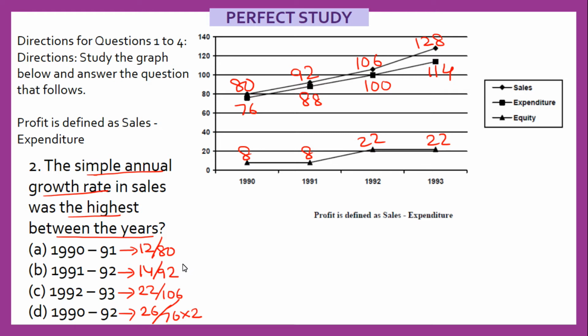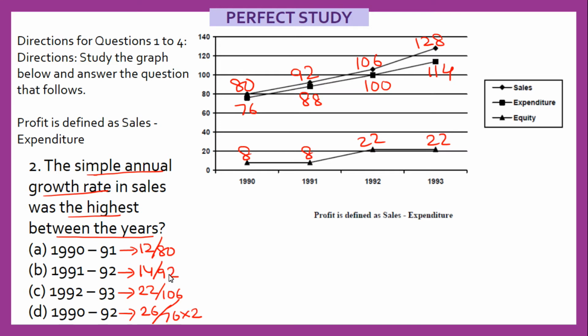Now the question is, how are we going to compare these values? So there are various methods here. You can do cross multiplication and all that stuff. So I'll try to do something simple here. See the numerator from this value to this value. 12 is increasing to 14. That's an increase of 2 out of 12, means 1 by 6, that is 16.6%.